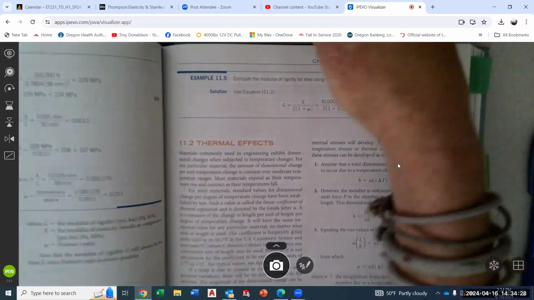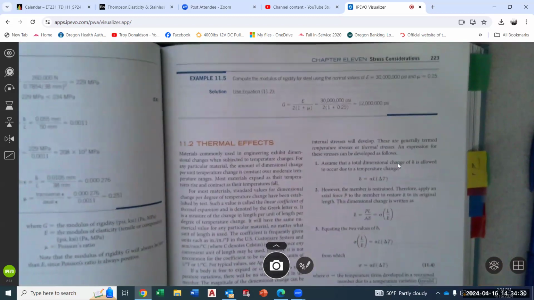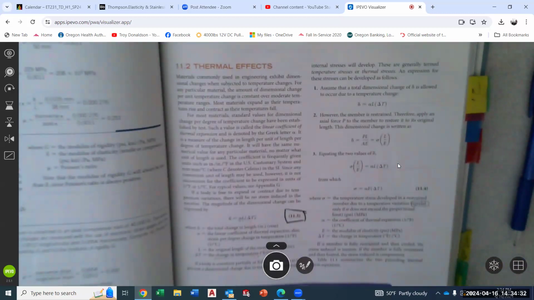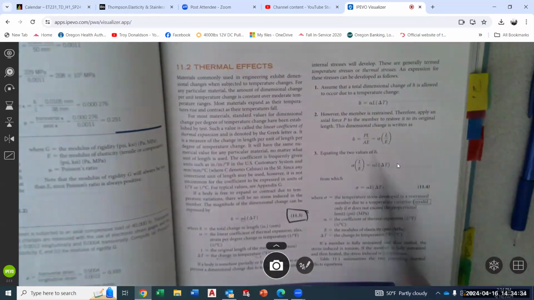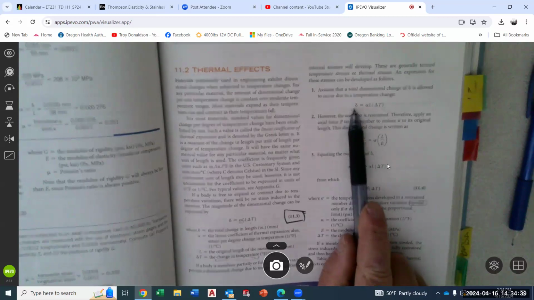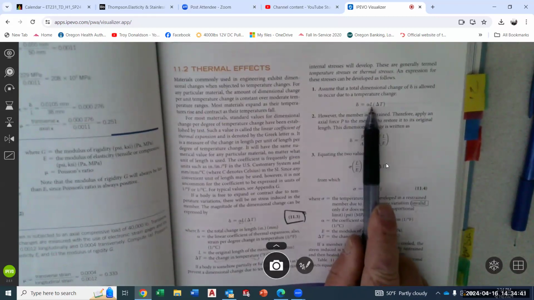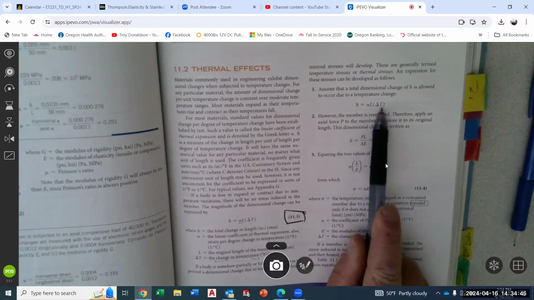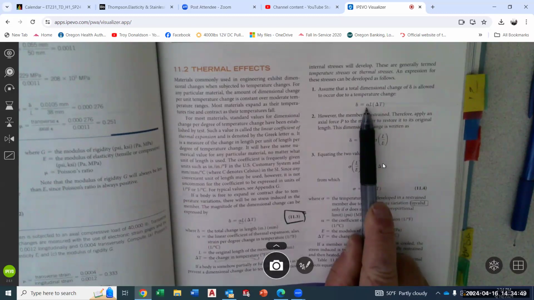There's only 2 equations, but you got to understand that there's 2 situations. A situation where if it's free to expand, then the change in length is going to be alpha L delta T. L is the original length, delta T is the temperature change, and alpha is a material property, the thermal coefficient of expansion of a material.